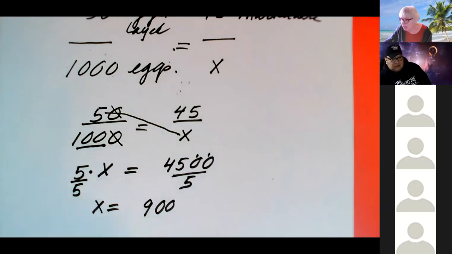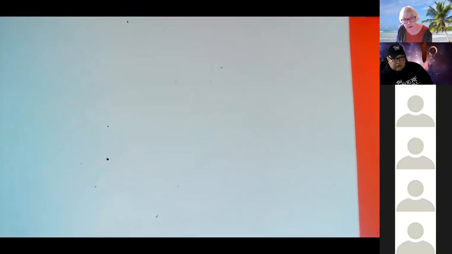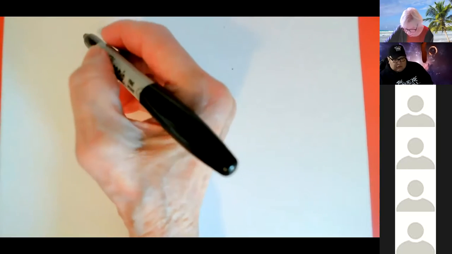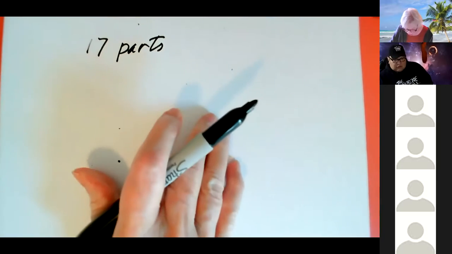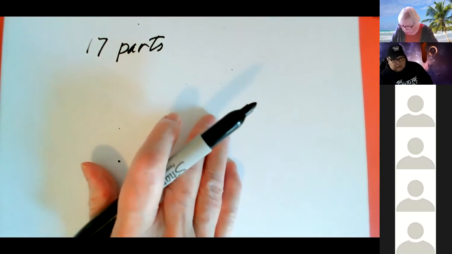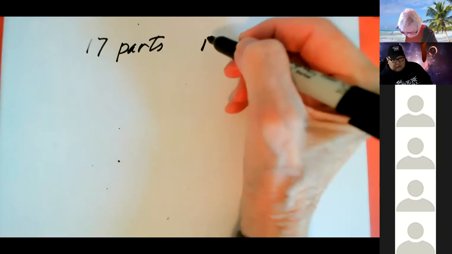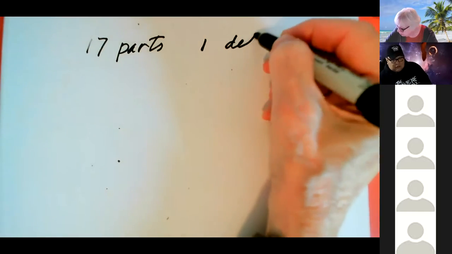What do you think? Here's another one. And this has to do with manufacturing. So it says of every 17 parts that this company manufactures, only one of them will be defective.